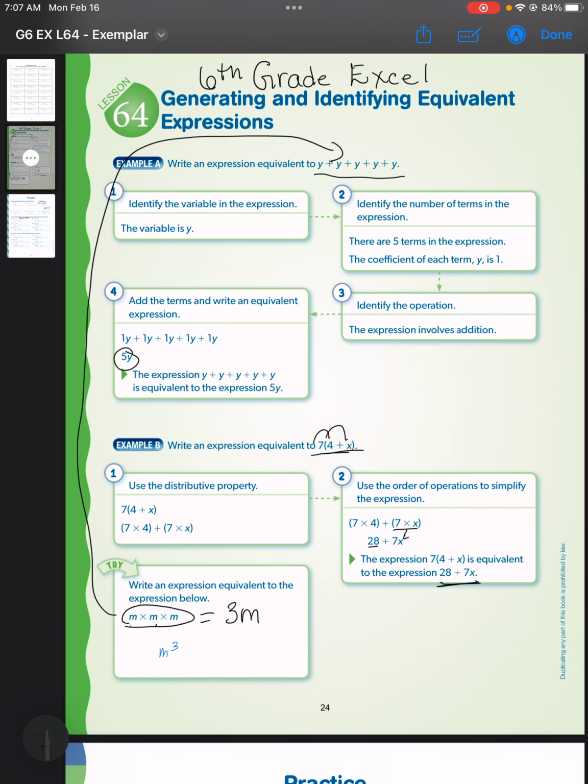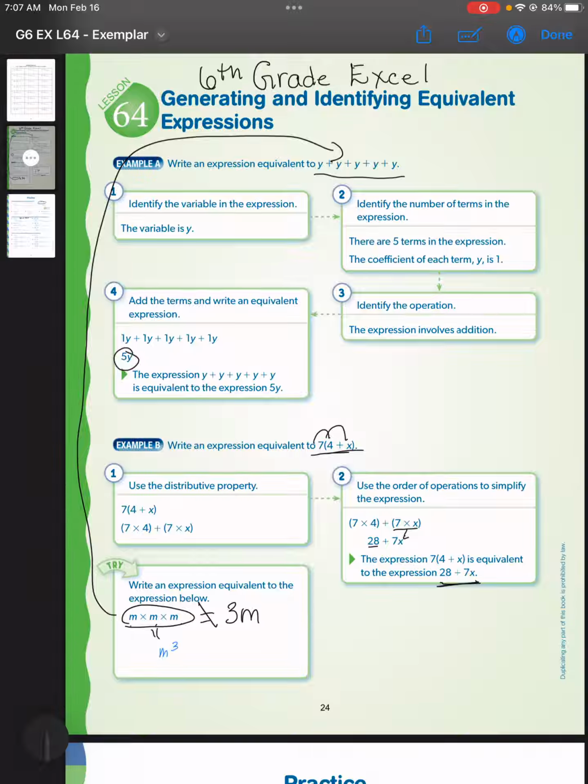In the second expression, we are multiplying. Therefore, m times m times m does not equal 3m because addition is not the same as multiplication. Instead, because I have 3 m's, I'm going to multiply them to a power. So m times m times m equals m to the third power.